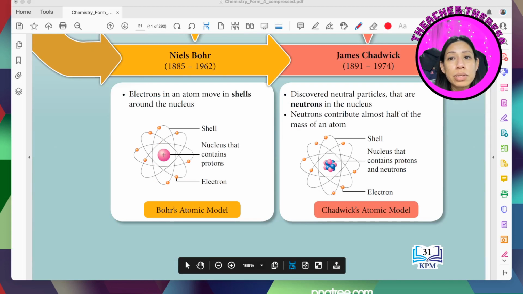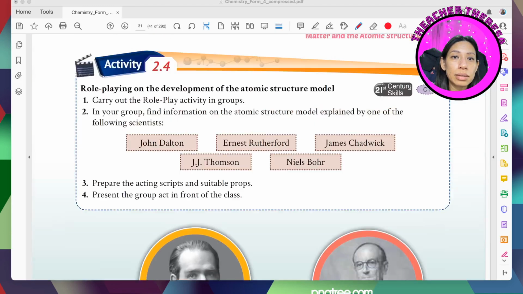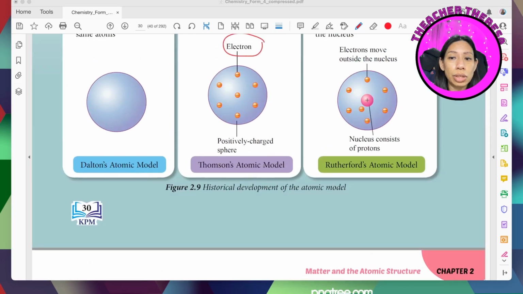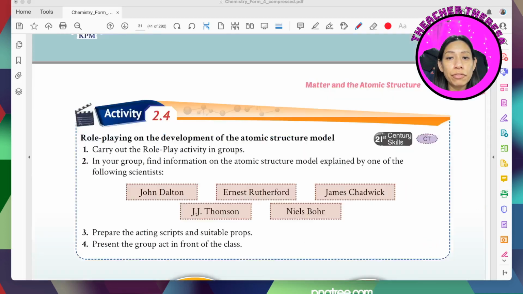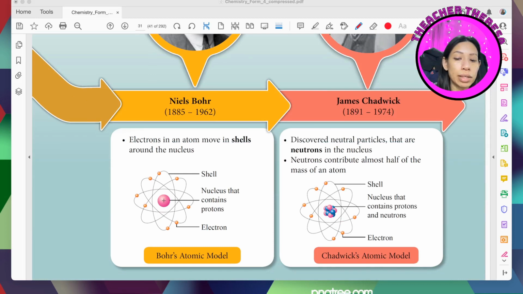So you can use this as your mnemonic to remember the sequence. Dalton thought Rutherford is Bohr's close friend.